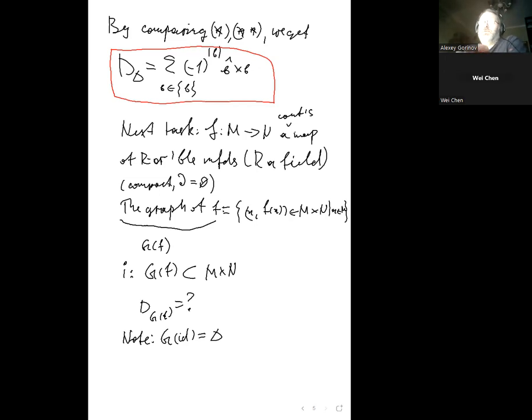So we have a map from M to N, which we assume just continuous, and the ground ring is again assumed to be a field.